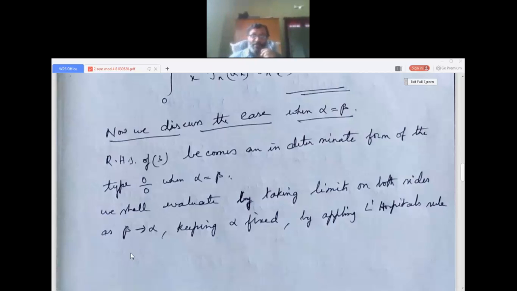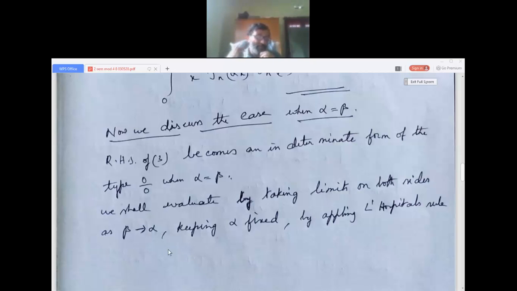Again apply the limit. If you get 0 by 0 form, again apply the rule in that way. Now see here, it is 0 by 0 form, so we apply the limit on both sides, beta tends to alpha, keeping alpha fixed.